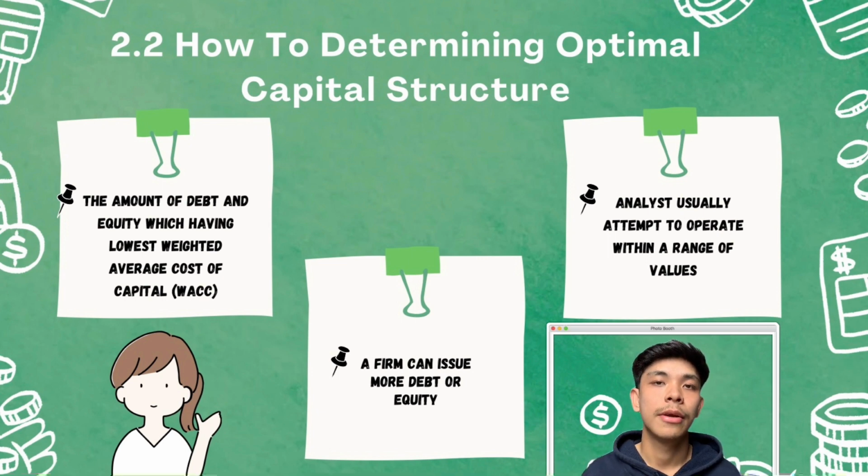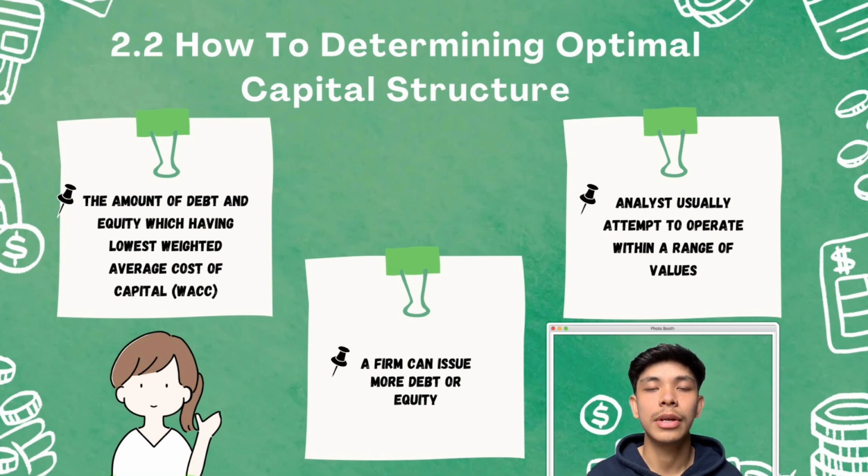I will discuss how to determine the optimal capital structure. First of all, optimal capital structure in a company can be described as the amount of debt and equity that results in a company having the lowest weighted average cost of capital (WACC) while increasing the market value. In order to optimize the structure, a firm can issue either more debt or equity.